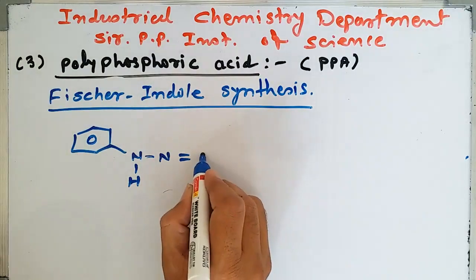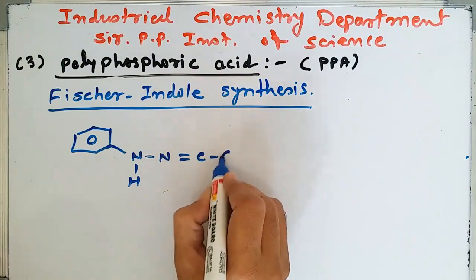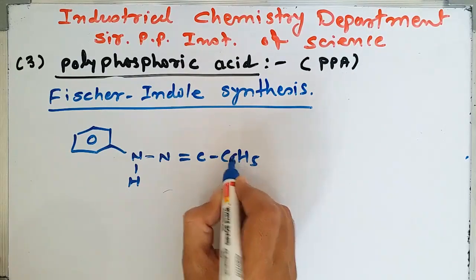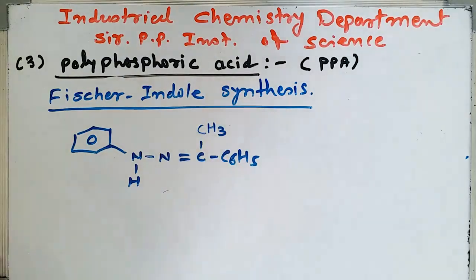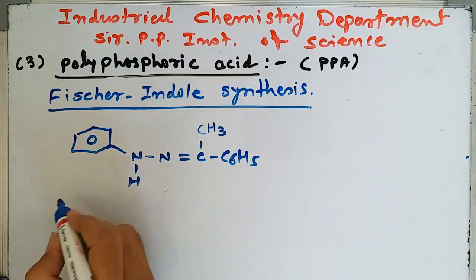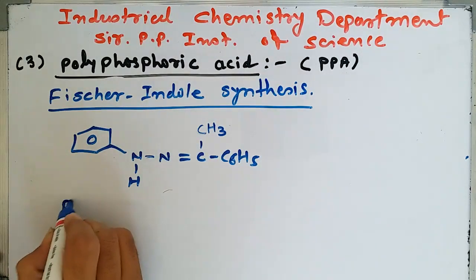This is C6H5 and CH3, the phenylhydrazone of acetophenone.